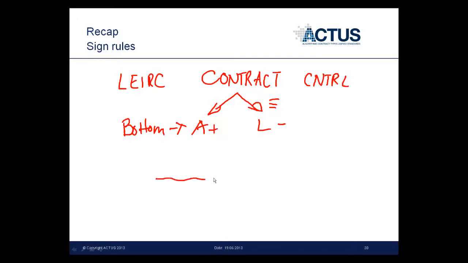So for the asset, we have here T, and we have an outflow followed by an inflow. And for the liability, we have again T, an inflow followed by an outflow.